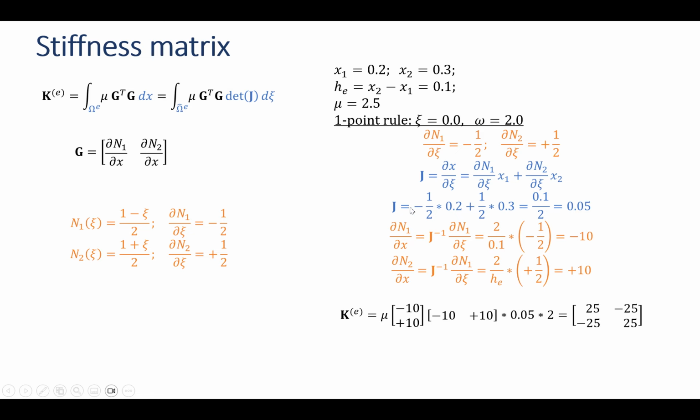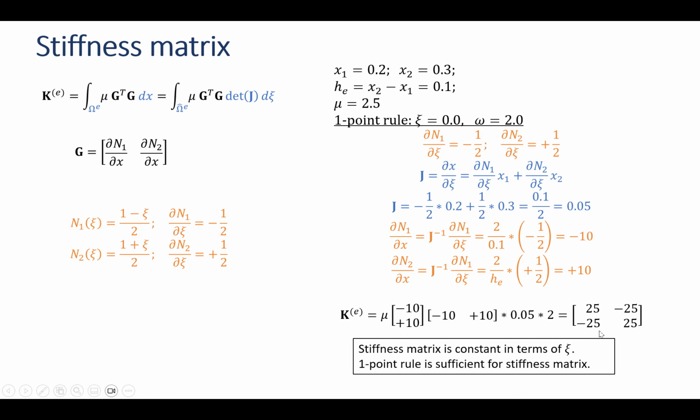Okay, so this is correct, and this works fine because the stiffness matrix is constant in terms of xi. So here we have mu G transpose G, and G is a function of the derivatives, and the derivatives are constant.